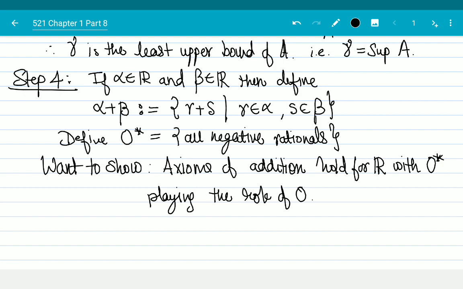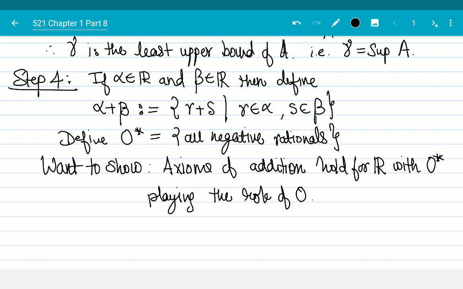I am not going to be showing all of them. I will just show A1 and A5. You can look at the book, Appendix 1. I think it's just after the chapter, and it proves all of these.